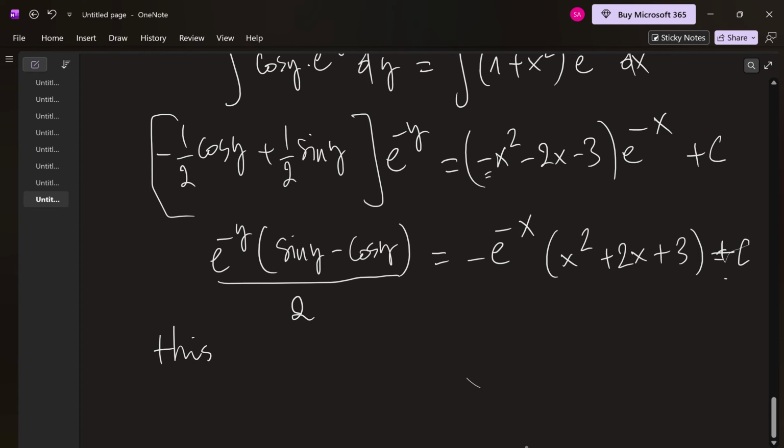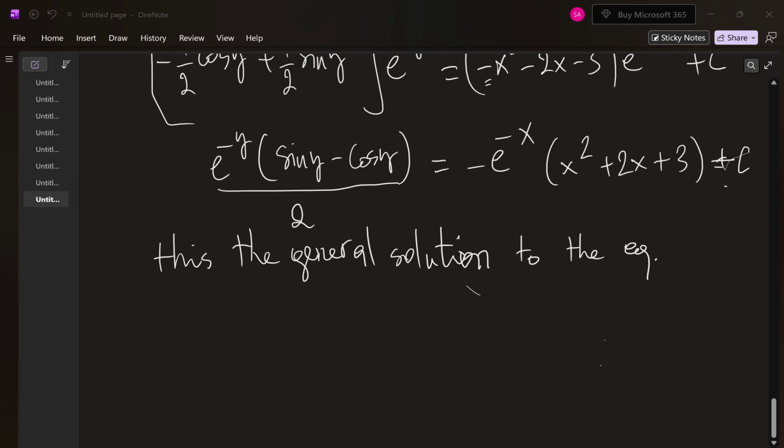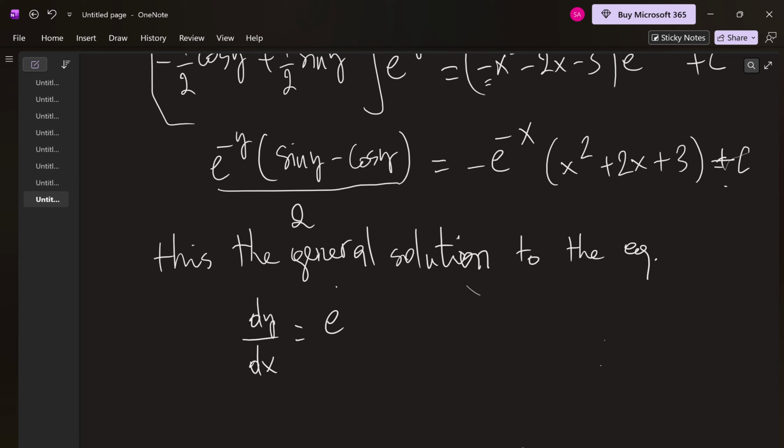Okay, so this is the general solution to the equation. What is our equation? It is y prime, dy over dx, equal to exponential y minus x over cos y times (1 plus x squared).